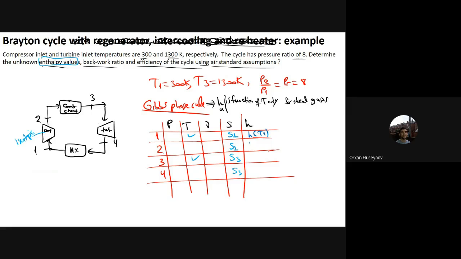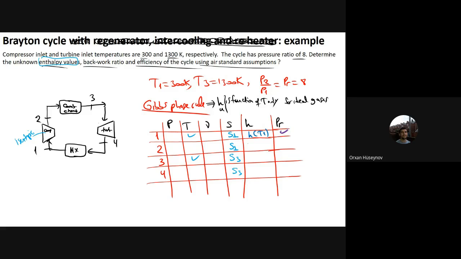Now to find the enthalpy values for state 2, let me add one more column here, because the isentropic relations will help me, and that column will be PR. For state 1, I can also find the PR value, because PR is a function of temperature only.